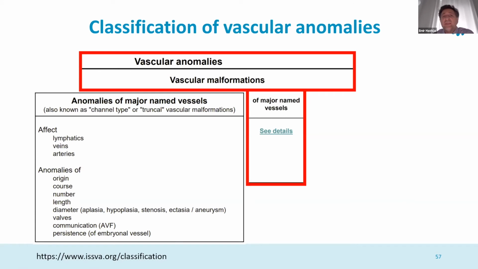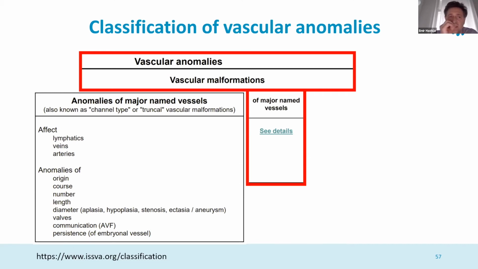So now I will pass to the vascular malformations which are considered a group of major named vessels. This one is based on the Hamburger classification, and I am not really sure how the ISSVA classification will look in future on this point, because this part describes the embryological basis of all vascular malformations.